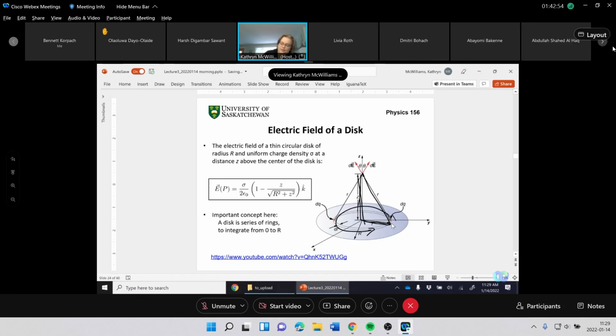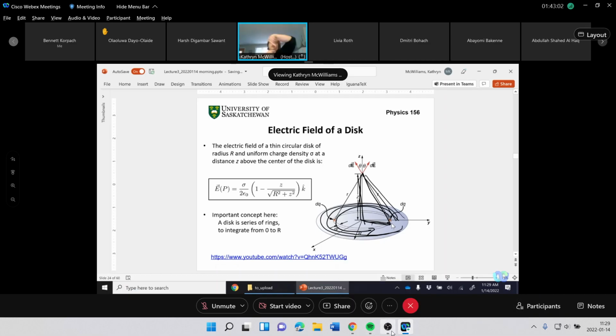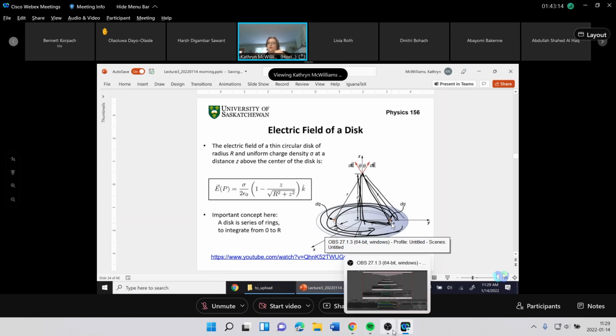But then we have to do it for the next ring, and the next ring. So this triangle becomes a different size every time we find the contribution of all those little charges in all those little rings. So the distance from the Z-axis to the little elemental charge changes now. It goes from 0 to R. So it's not a constant anymore.